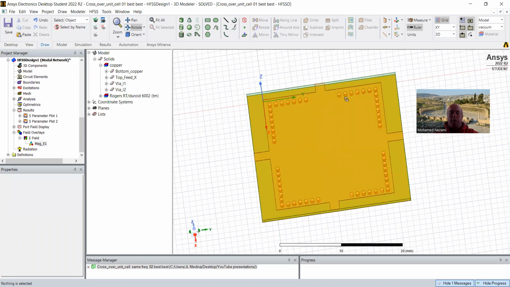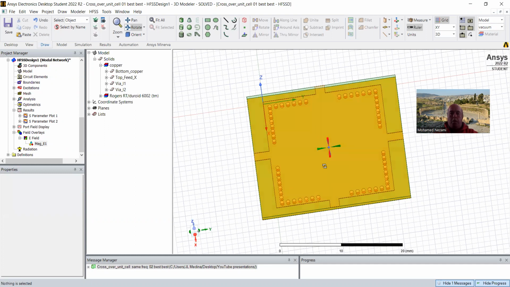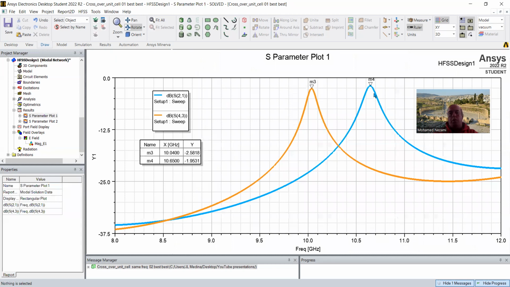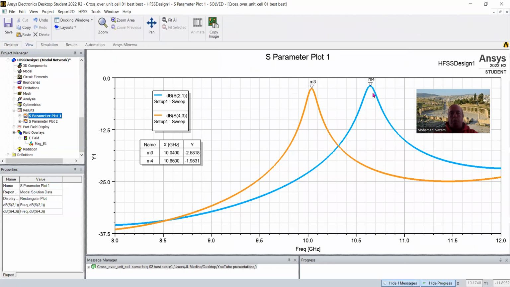And then we've got a certain effective width and effective length that are slightly, like, 1 millimeter apart. And this is what we get when we sweep them. We got one resonance here at 10.65 gigahertz, and another resonance down at 10 gigahertz.